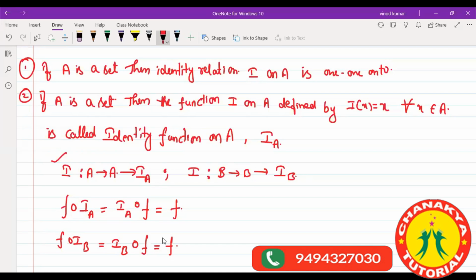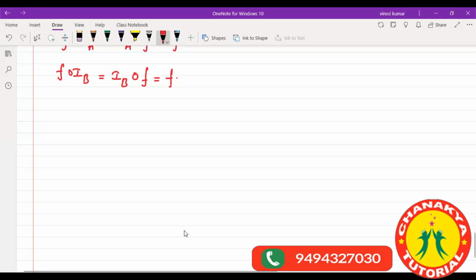Now we are writing the inverse function. For getting the inverse function, compulsorily f is a bijection.